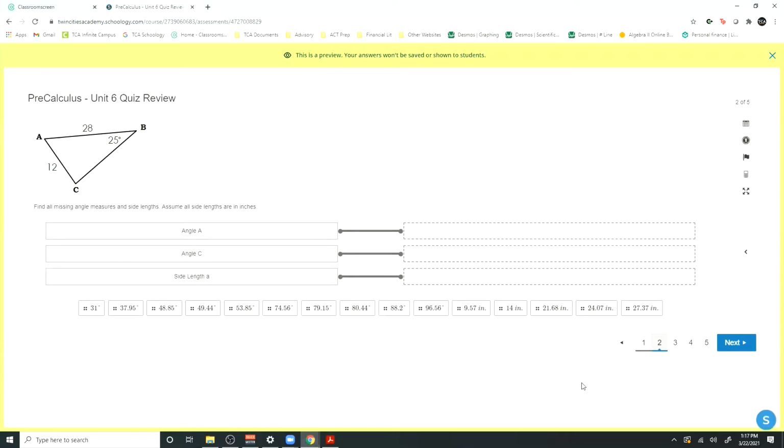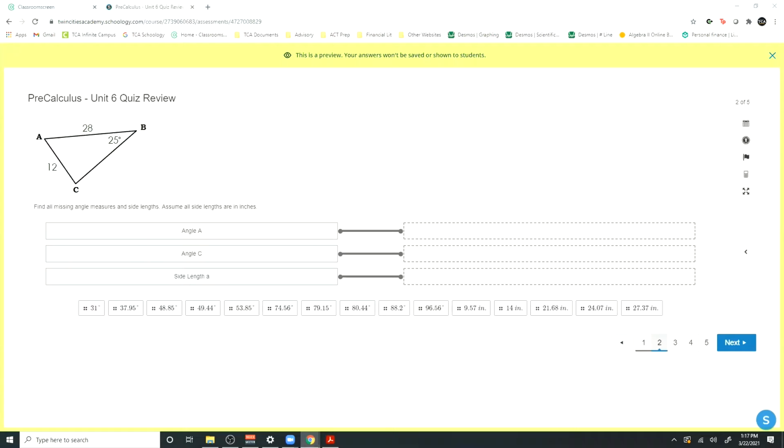I've got 2 side lengths and angle B. So angle B is 25 degrees, and the 2 side lengths I have, side length B is 12 and side length C is 28. So I need to find angle A, angle C, and I also need to find side length A.